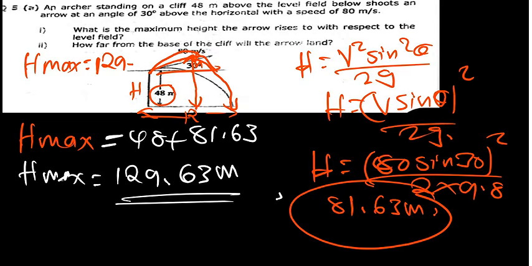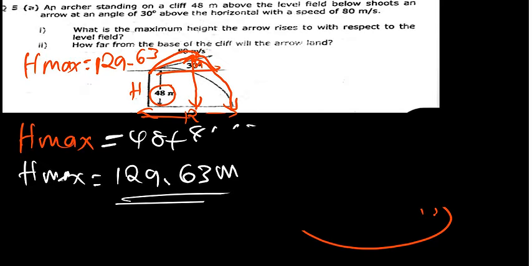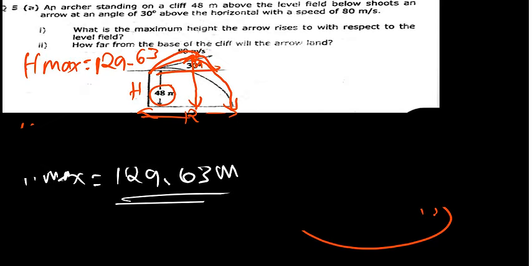So let me create space. So what is the formula for range? The third trajectory, what did we say? V naught cos theta times time.